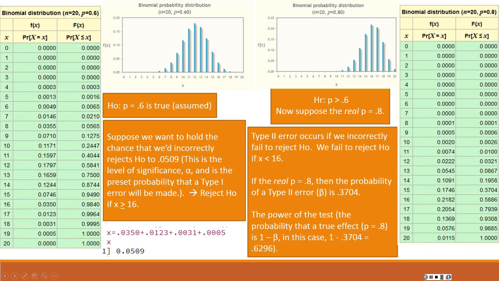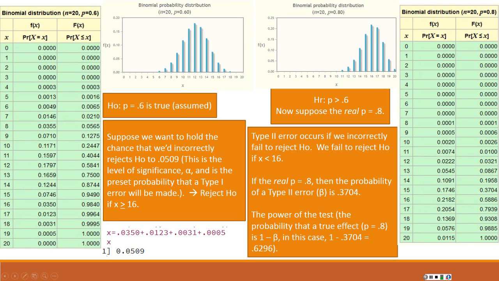Well, first of all, on the left-hand side here, what I'm saying is that H0 is that P is equal to 0.6. That is my null hypothesis. So I'm going to take a sample of size 20 from a population where I assume P is equal to 0.6. And so what I have on the left-hand side here is the binomial distribution for n equal to 20 and P equal to 0.6.